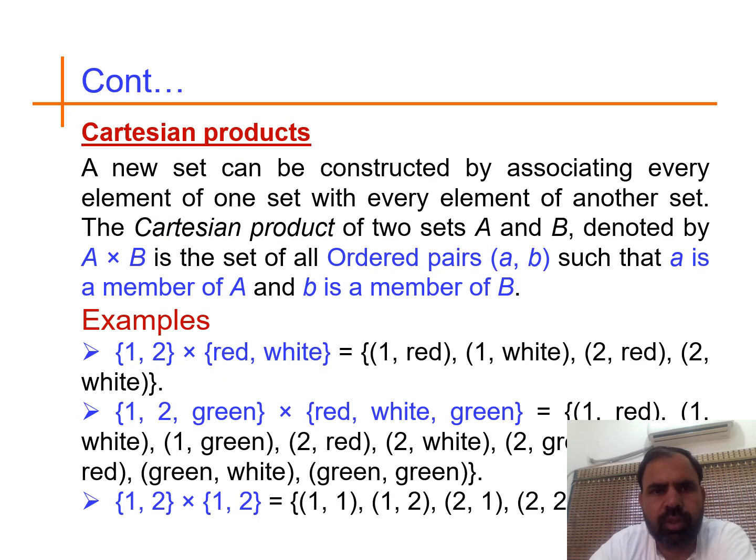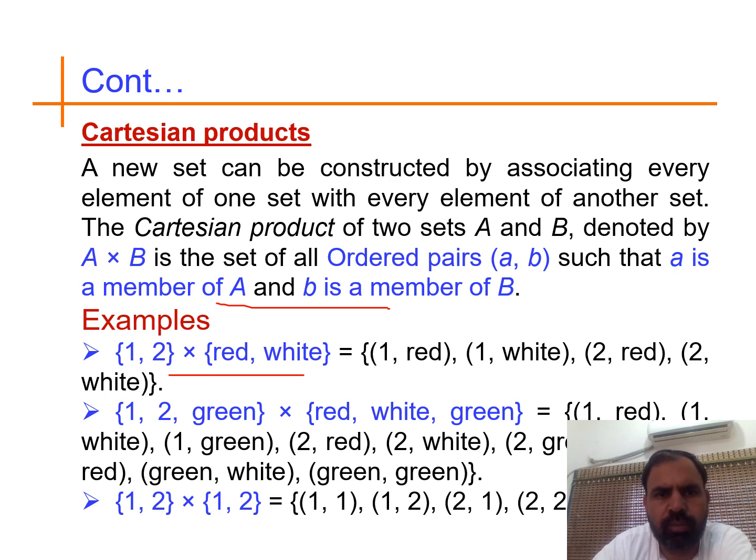Cartesian products. A new set can be constructed by associating every element of one set with every element of another set. The Cartesian product of two sets A and B, denoted by A cross B, is the set of ordered pairs (a, b) such that a is a member of A and b is a member of B. For example, we write {1, 2} Cartesian product with {red, white}.